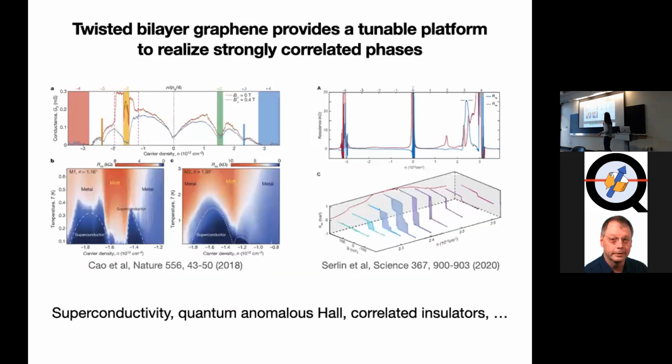Yeah, okay. So of course, we know why we want to study twisted bilayer graphene, because it gives us this tunable platform to realize correlated physics. And to this audience, I don't really need to explain it. Experimentalists have seen correlated insulating phases, superconductivity, and quantum anomalous Hall effect all in graphene, which is pretty miraculous.